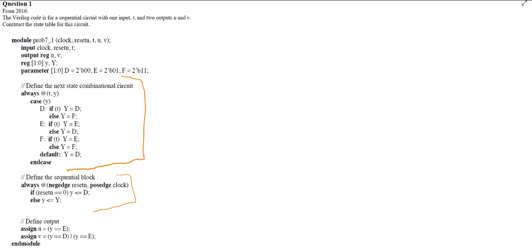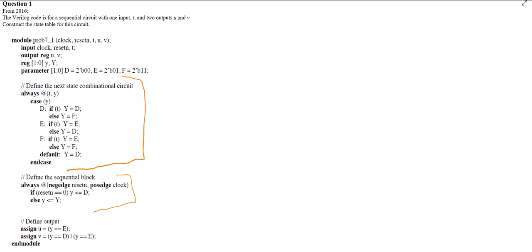Little y and big Y are going to be our current state and our next state. And those are vectored signals. They're 2 bits wide, so there are 2 binary numbers associated with them. If you look at the parameter, you can see some examples of 2-bit binary numbers.